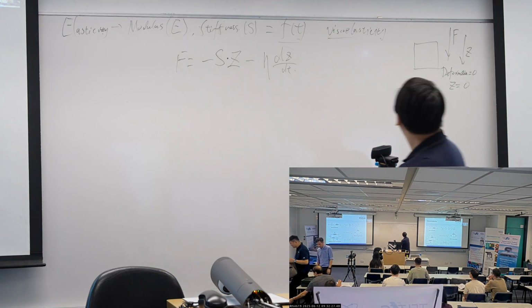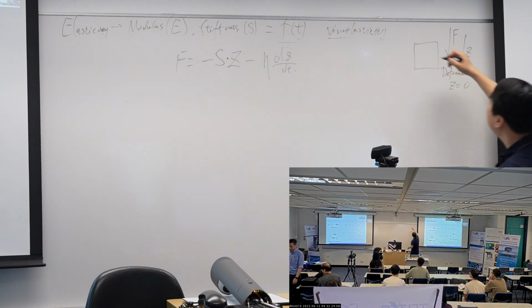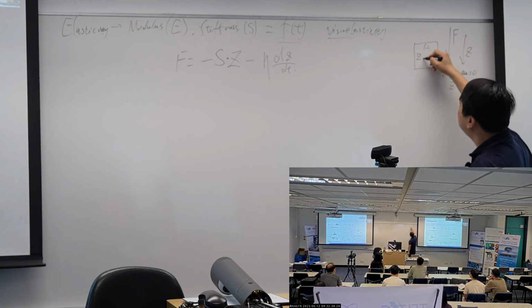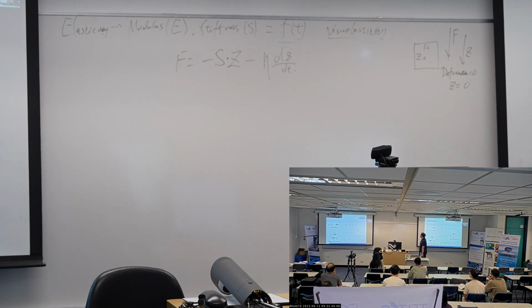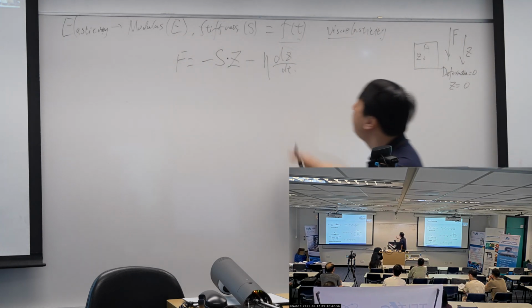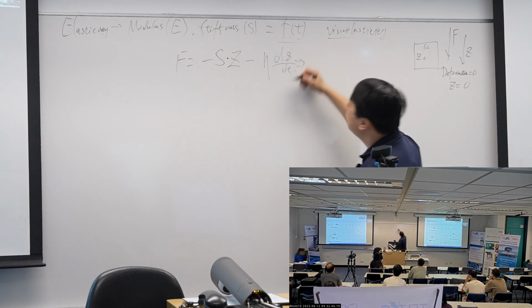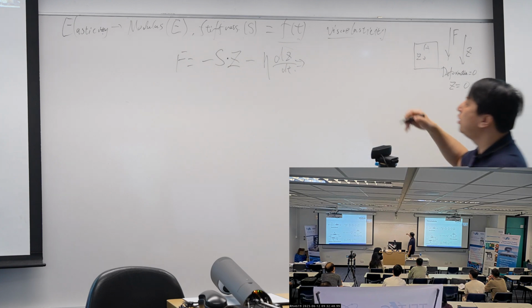We do the same thing. We define our shape: the area is A, and the length is Z0. Then we change these equations into the stress-strain relationship.